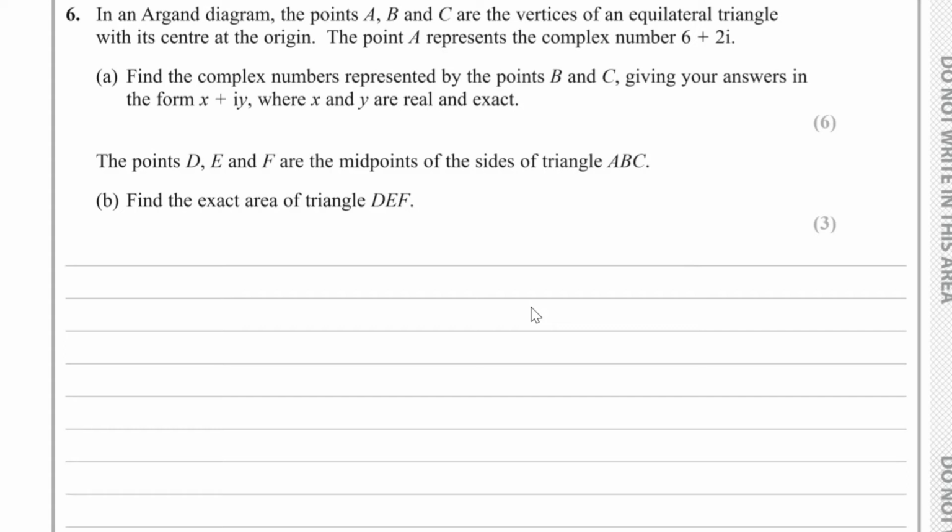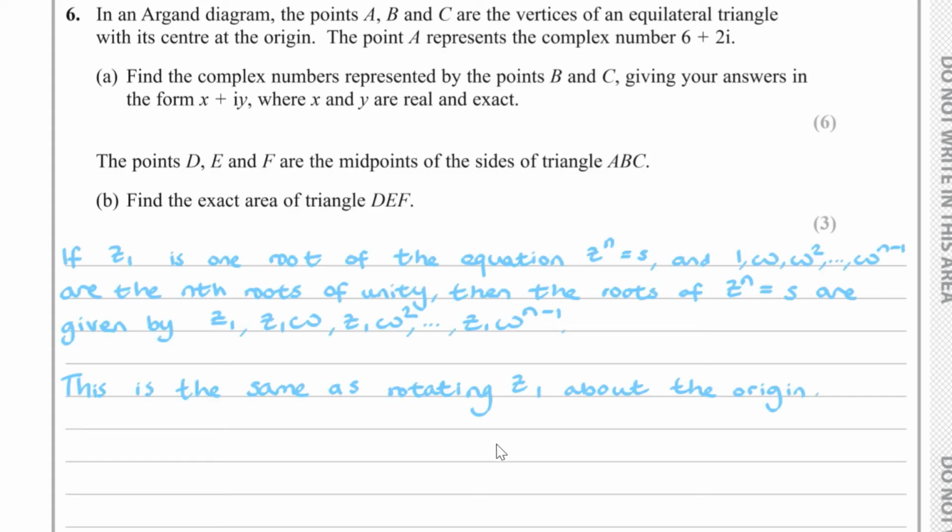So, to begin with, we have to note the following. If z1 is one root of the equation z to the power of n equals s, and 1, omega, omega squared etc. up to omega to the power of n minus 1 are the nth roots of unity, then the roots of z to the power of n equals s are given by z1, z1 omega, z1 omega squared etc. up to z1 omega to the power of n minus 1.